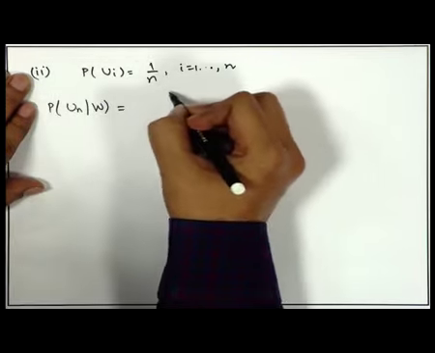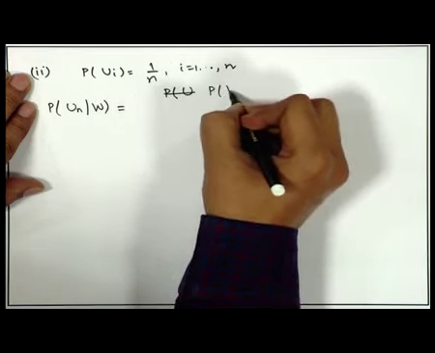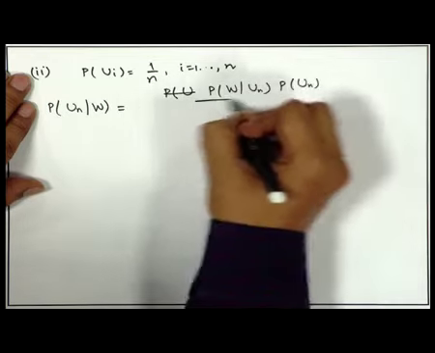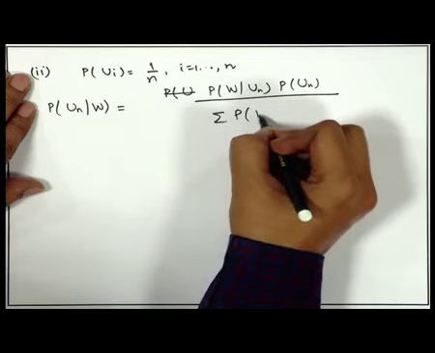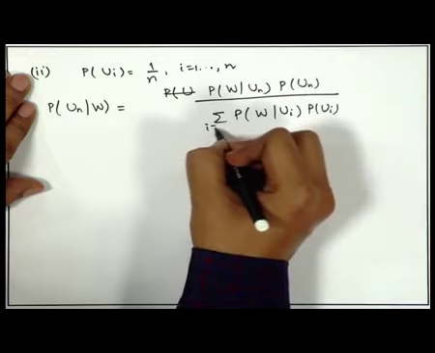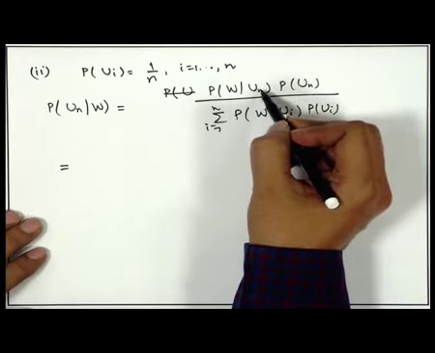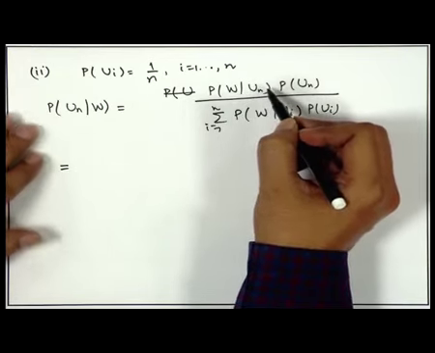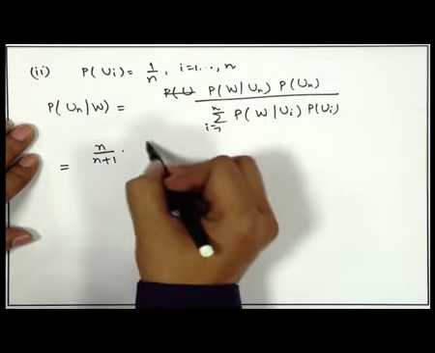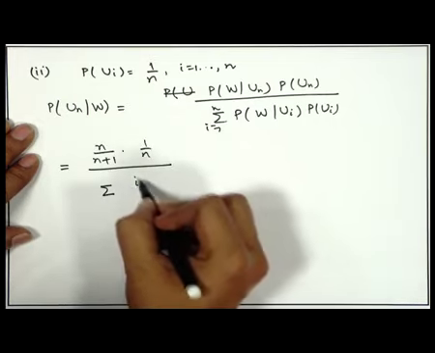So, we can apply Bayes theorem here, then it becomes probability of w given un into probability of un divided by sigma probability of w given ui into probability of ui, i is equal to 1 to n. In the nth urn there are n white balls. So, the probability will be n by n plus 1 and these are all 1 by n, divided by sigma. In the ith urn you have i white balls.